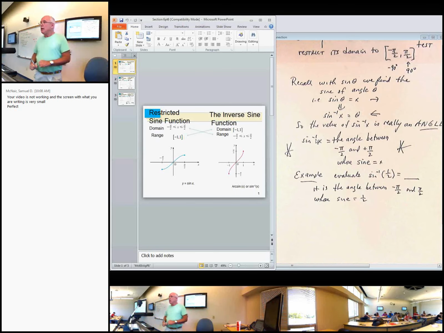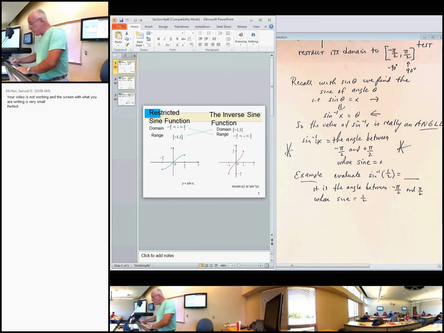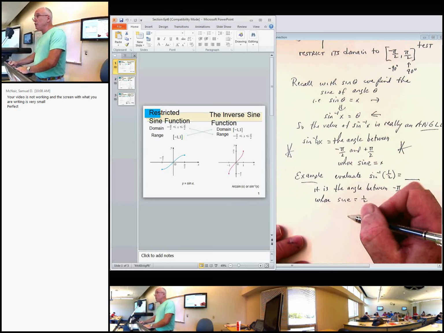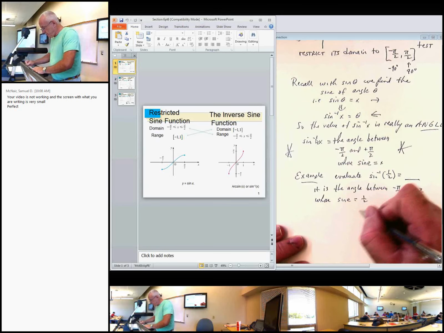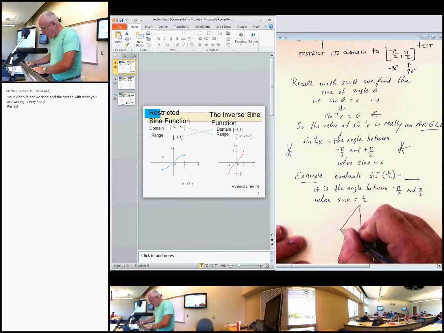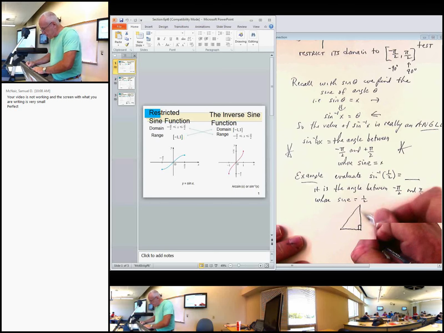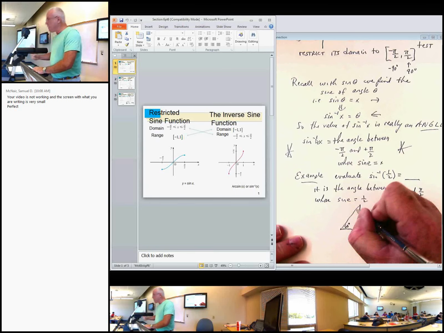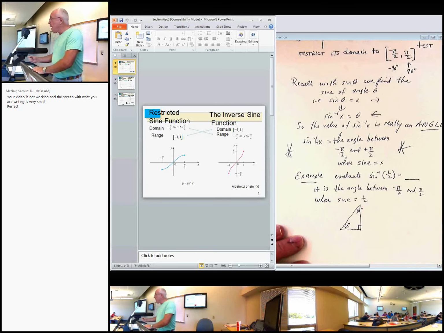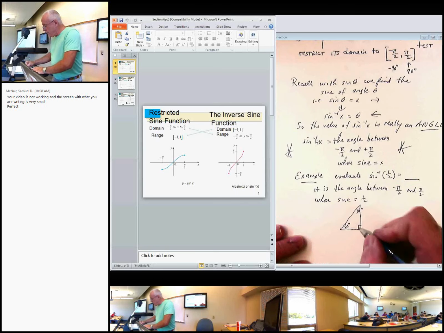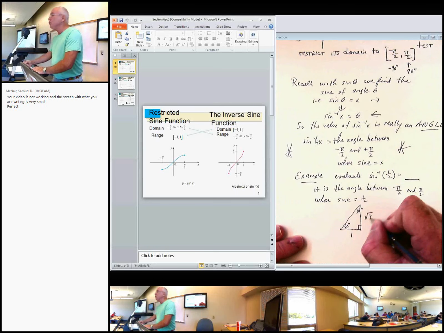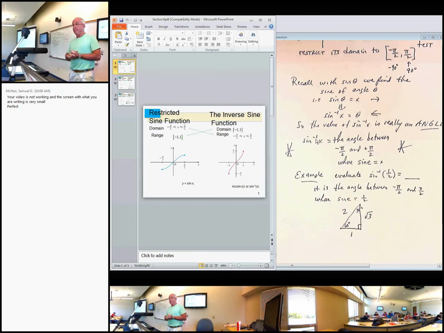All right. Now, in trigonometry, you had a couple of what are called special triangles. One of them was the 30, 60, 90-degree triangle. So this would be 60 degrees, this would be 30 degrees. And the sides of this triangle were 1, square root of 3, and 2. 2 along the hypotenuse.